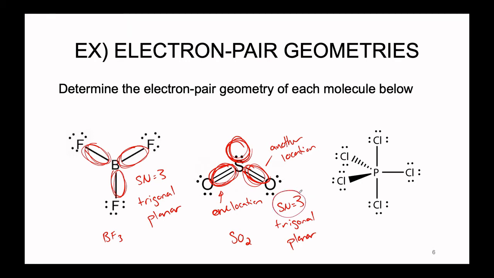Right, and I did say that the steric numbers of 2, 3, and 4 correspond to molecules that are, at the very least, not expanding their octet, but it doesn't mean that expanded octets can't have these lower geometries as well. The higher level geometries must have an expanded octet. That is the rule. That is a prerequisite to have a steric number of 5 or 6: you must have an expanded octet.